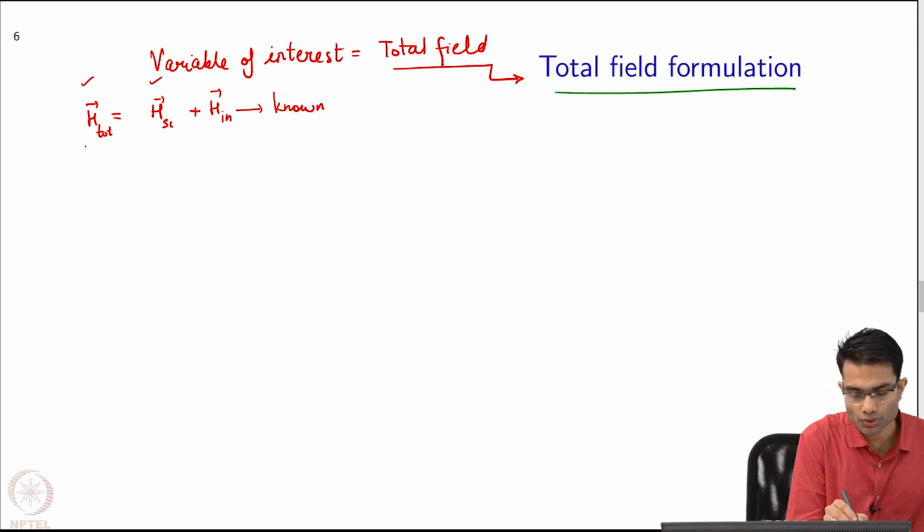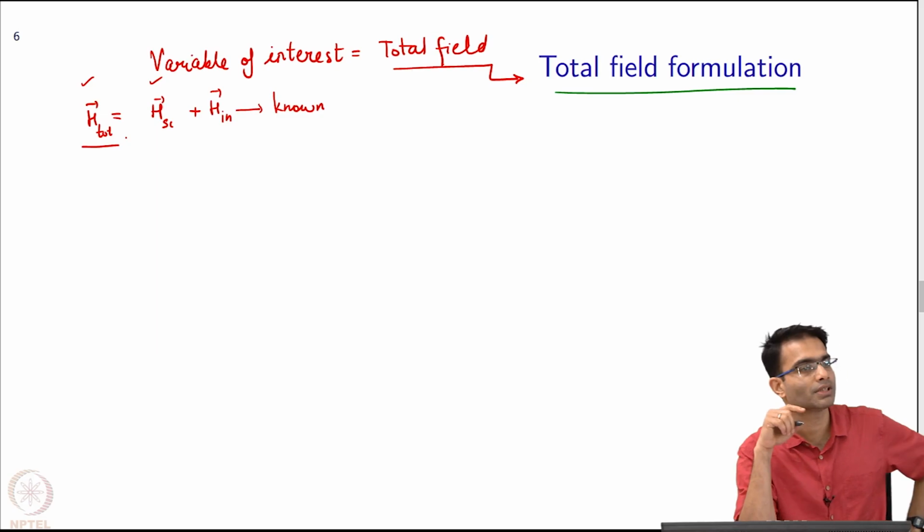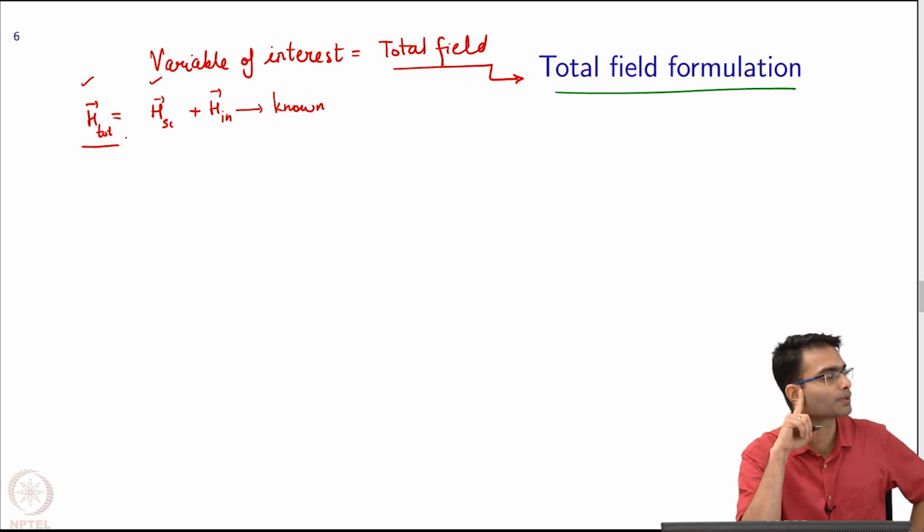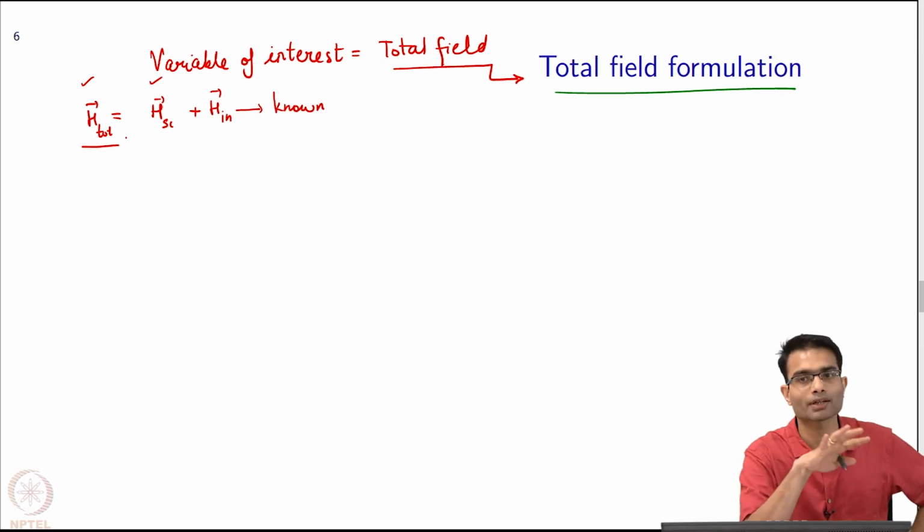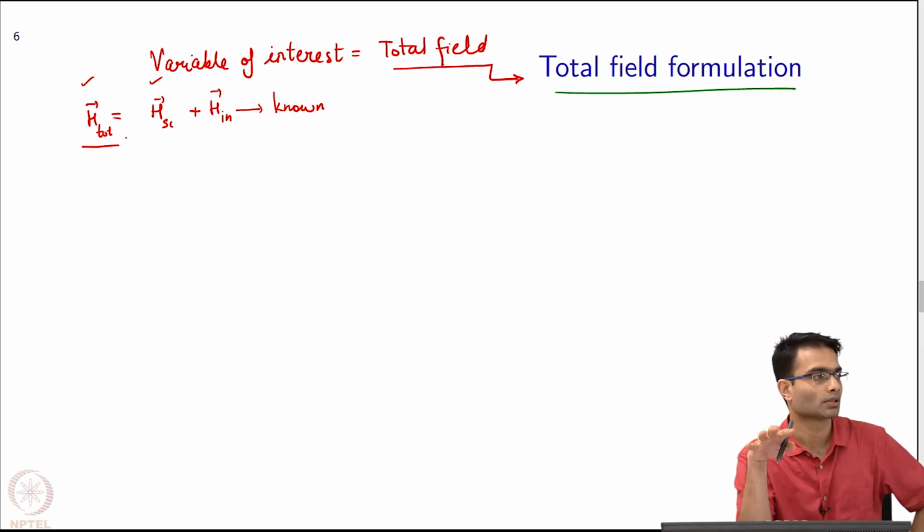What is the one conceptual simplicity you can see of choosing total field over here? Boundary conditions are obeyed by whom? No, the boundary conditions in Maxwell's equations: tangential E and tangential H are conserved, they are obeyed by the total field. So, it becomes easy to impose the natural boundary conditions in the total field formulation.